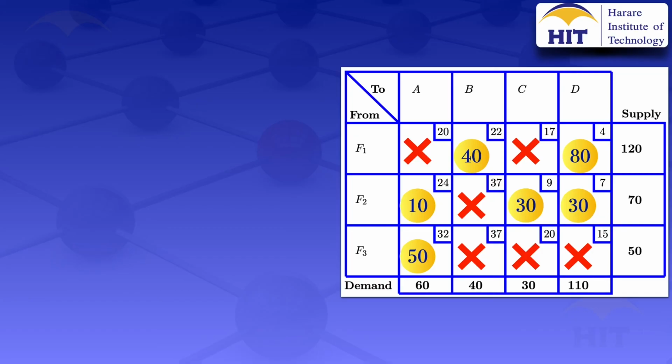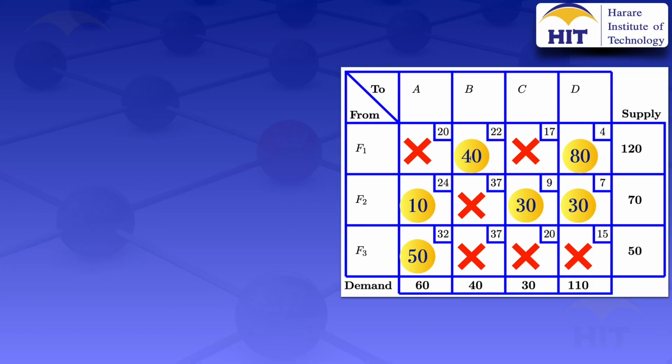For column A, we have allocations of 10 and 50, which add up to 60. For column B, we have a 40, which satisfies the demand of 40. For column C, we have an allocation of 30, which satisfies the demand of 30. For column D, we have allocations of 80 and 30, which add up to 110, which satisfies the demand of 110. So our things are balancing.